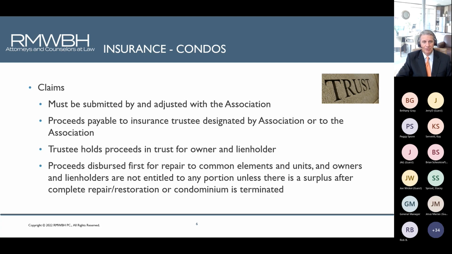So what this essentially means is if there's a surplus after everyone else is made whole, then it's distributed out to the owners and lien holders, like the mortgage companies. I can tell you typically that doesn't happen. Oftentimes there's not going to be a surplus, but that is the rule nonetheless.